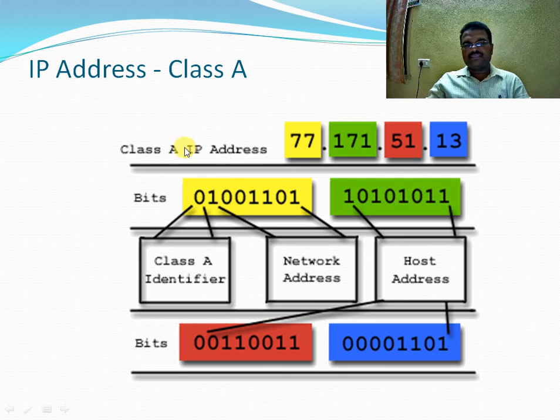So like this, in a class A address, the first bit is the class A identifier, the next 7 bits identify the network, and the remaining 24 bits identify the host.